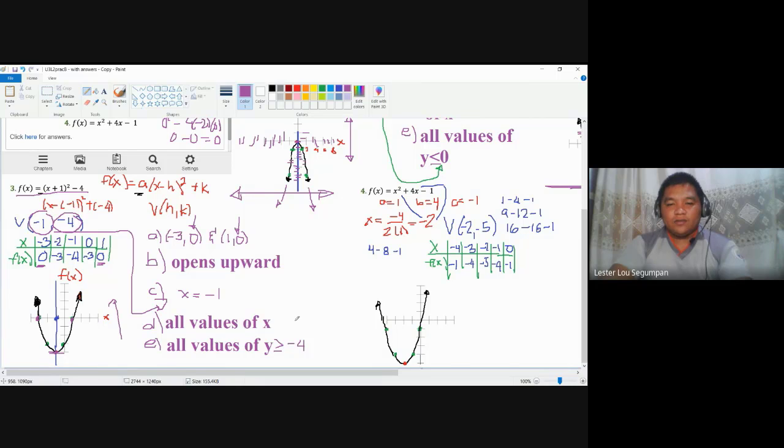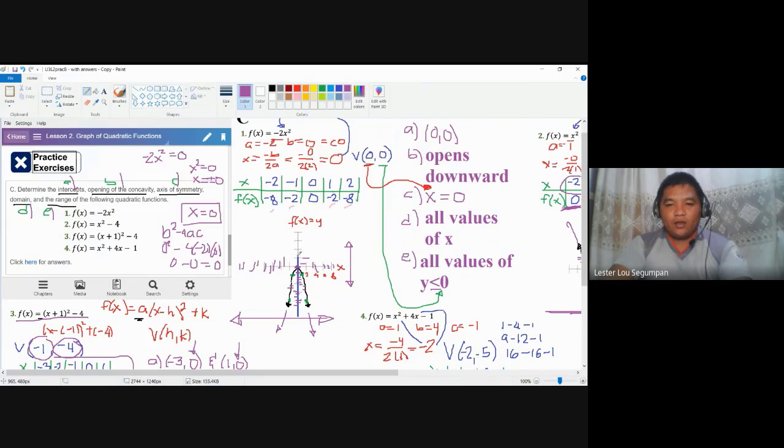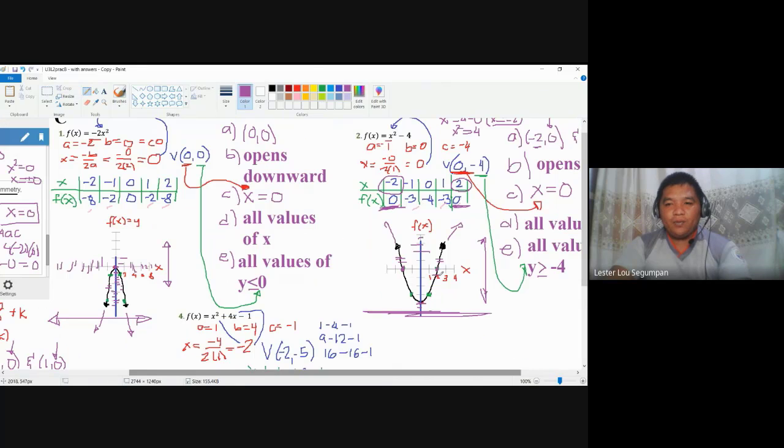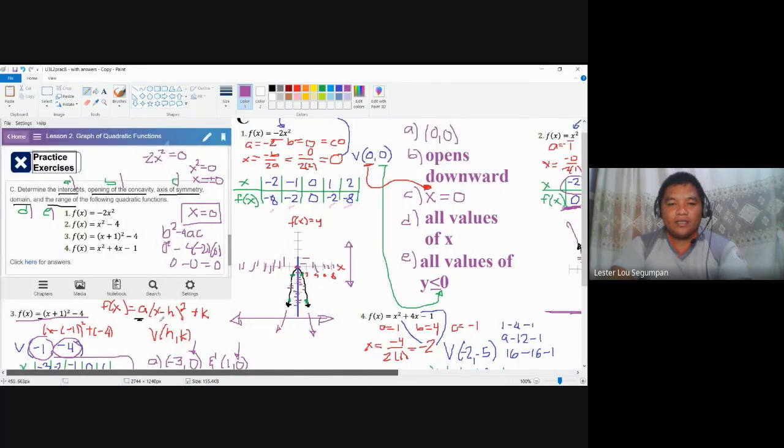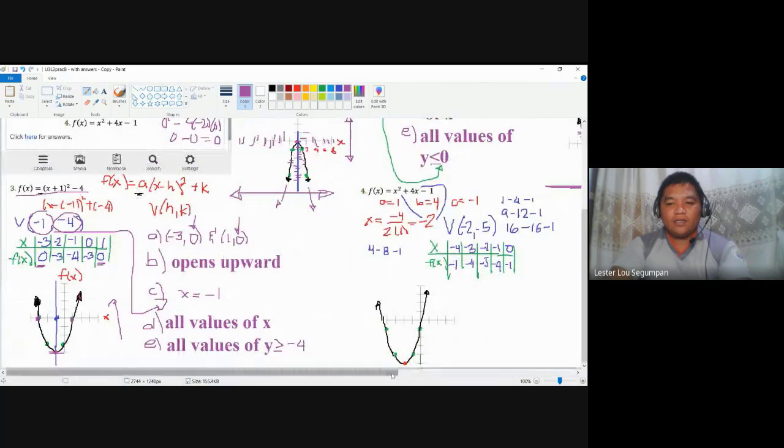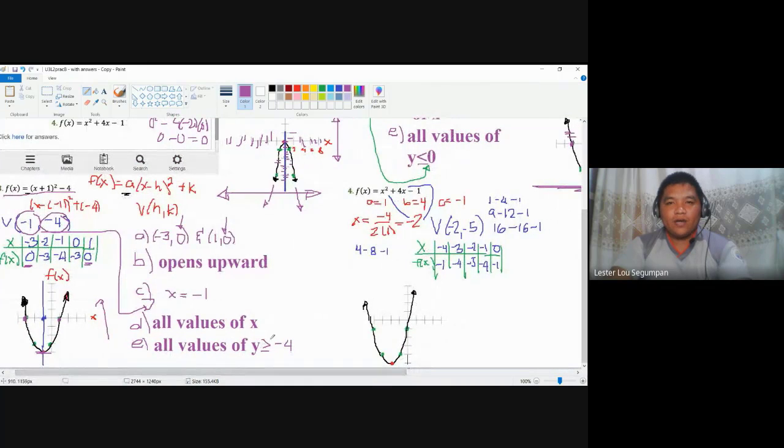Okay, so if it opens downward, you have this expression, less than or equal. If it's upward, it's greater than or equal, similar to number three. And even in number four, we are expecting our range to have this description.